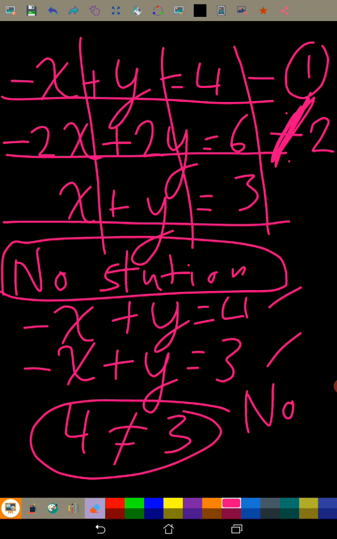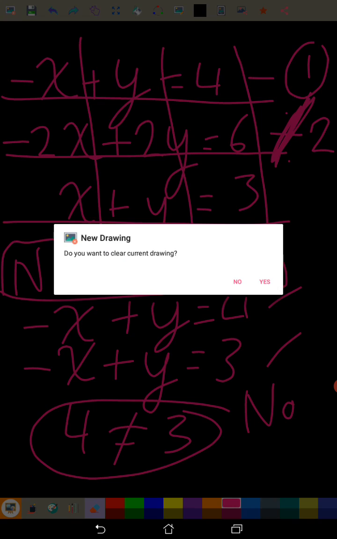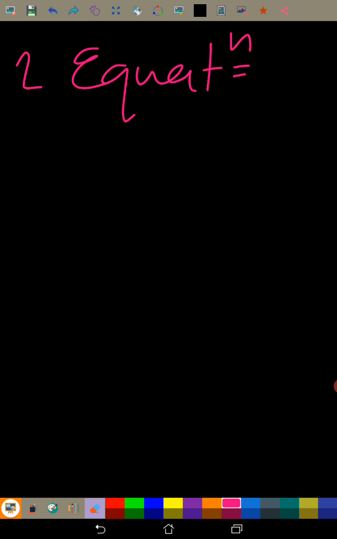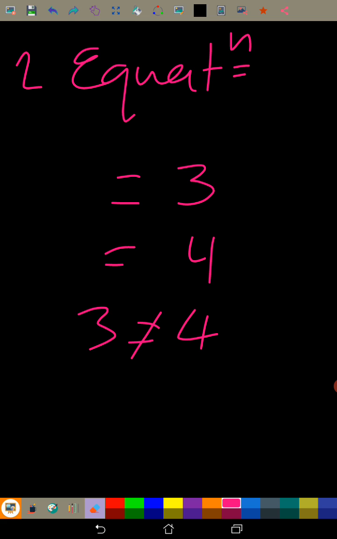No solution. So just for you to know, if we have two equations and they are equal to different numbers, so 3 is not equal to 4, these two equations 1 and 2 cannot be solved.